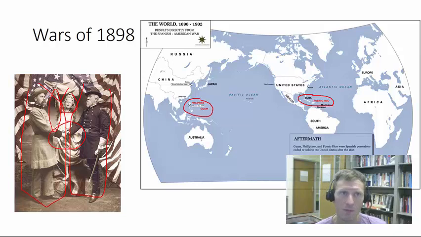To liberate them. Now, after the United States defeats the Spanish on these islands, the Filipinos and the Cubans then fight American soldiers, because they want their own liberty, their own freedom.